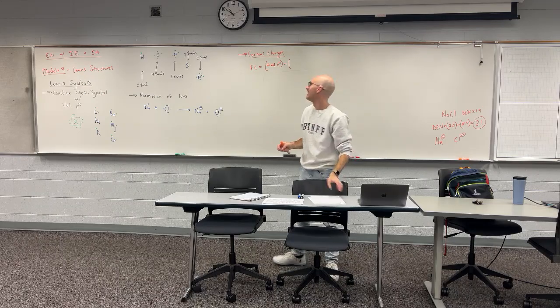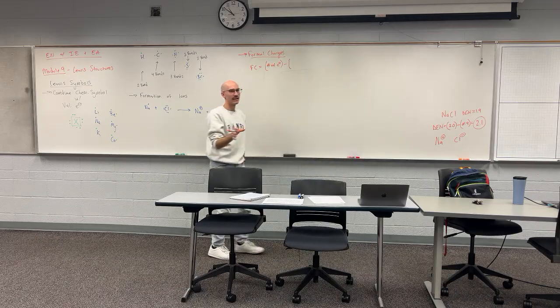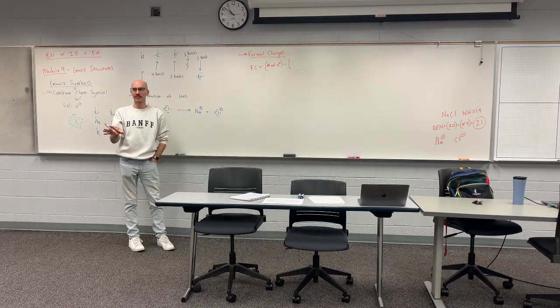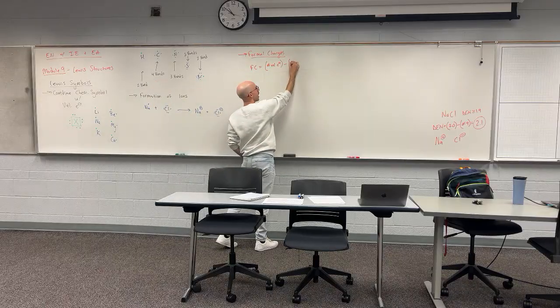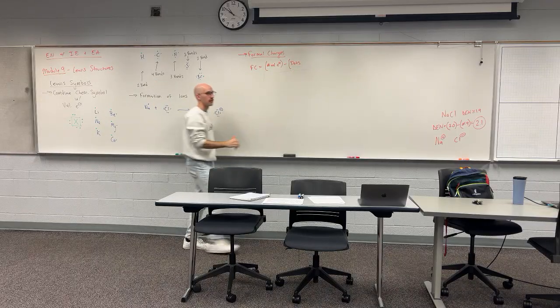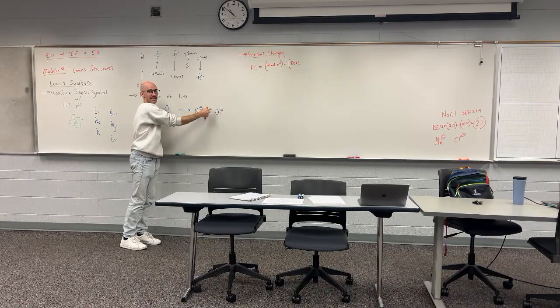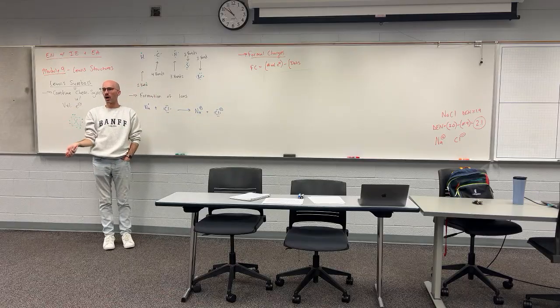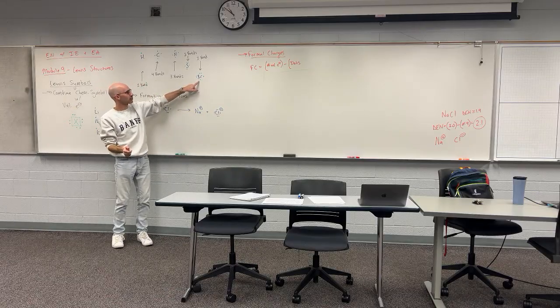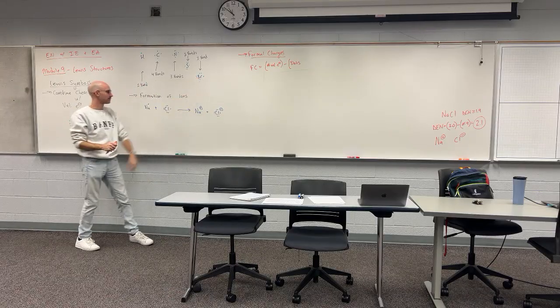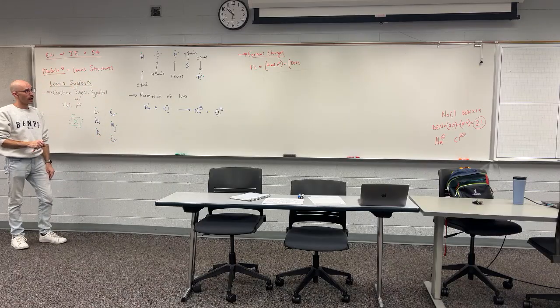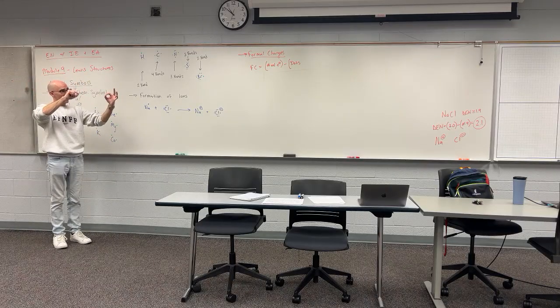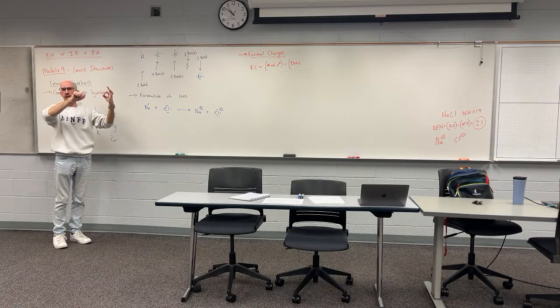Good. Oh, but that's so wordy. So here's what I want to say instead. The number of dots, because each dot is a non-bonding electron. That's an electron that stays with this atom, as opposed to the bonds that we saw earlier, the lines. Those were covalent electrons, electrons that are bonding.